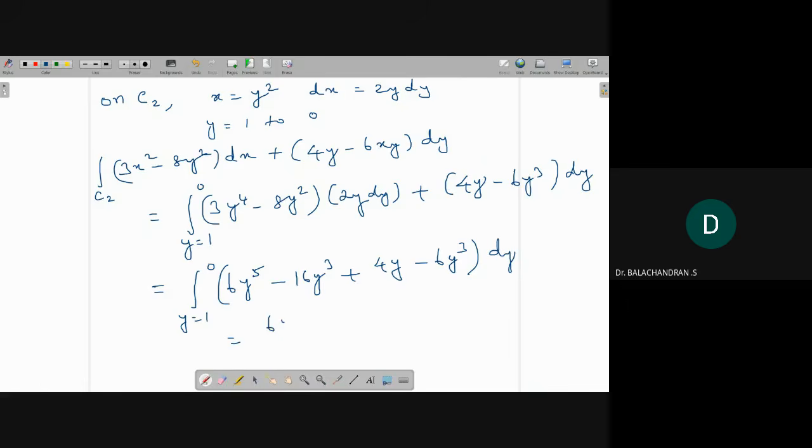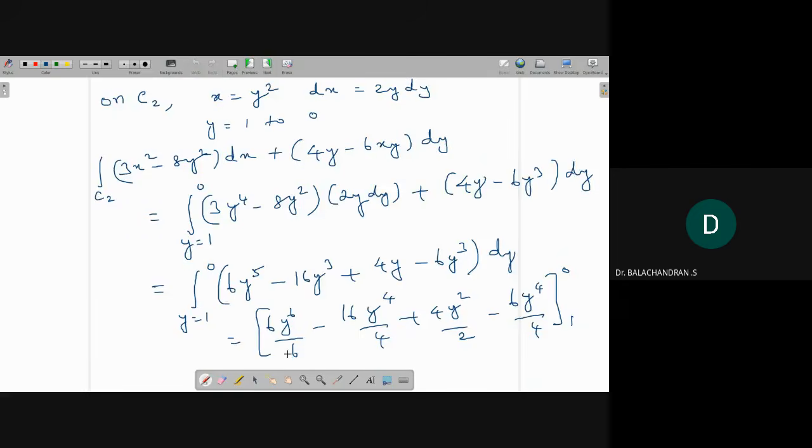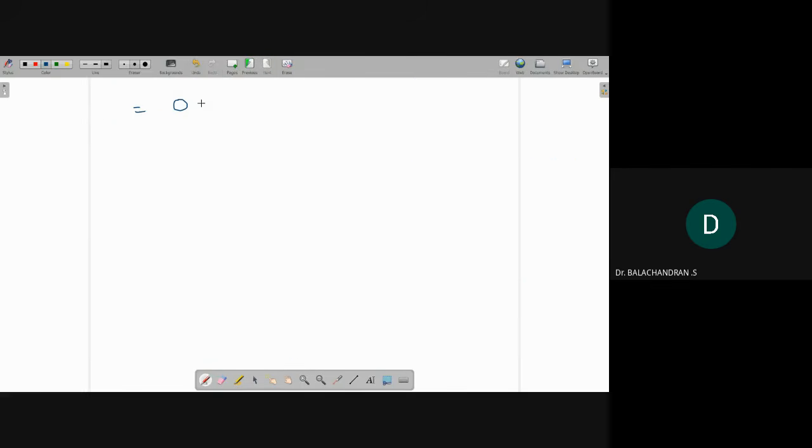So 6 y power 6 by 6 minus 16 y power 4 by 4 plus 4 y square by 2 minus 6 y power 4 by 4. Limit is from 1 to 0. So we'll get 6 by 6. Upper limit is 0, minus lower limit 1.